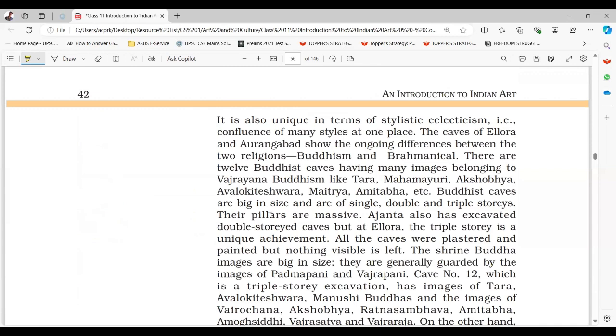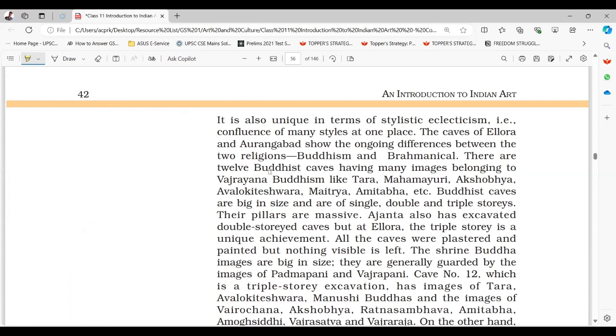It is also unique in terms of stylistic eclecticism, that is, confluence of many styles at one place. The caves of Ellora and Aurangabad show the ongoing differences between the two religions, Buddhism and Brahmanical.